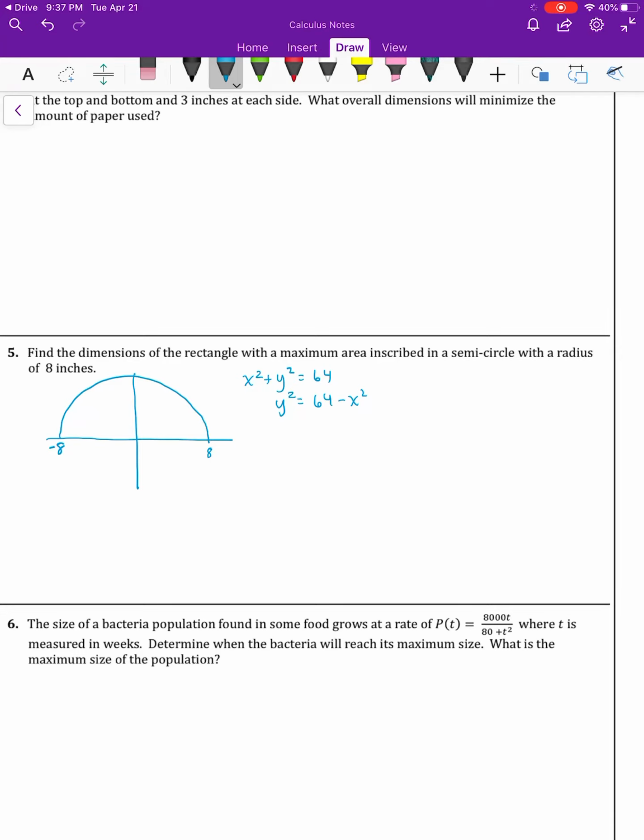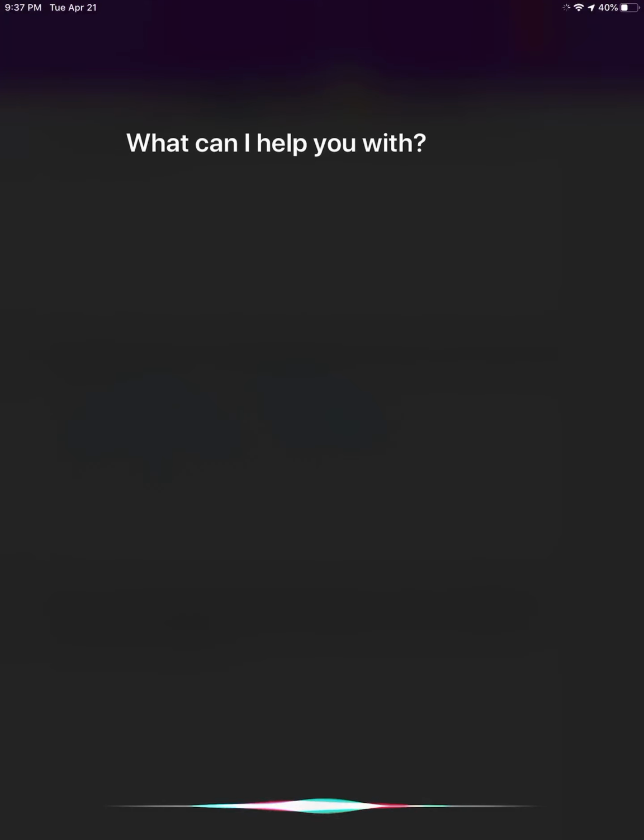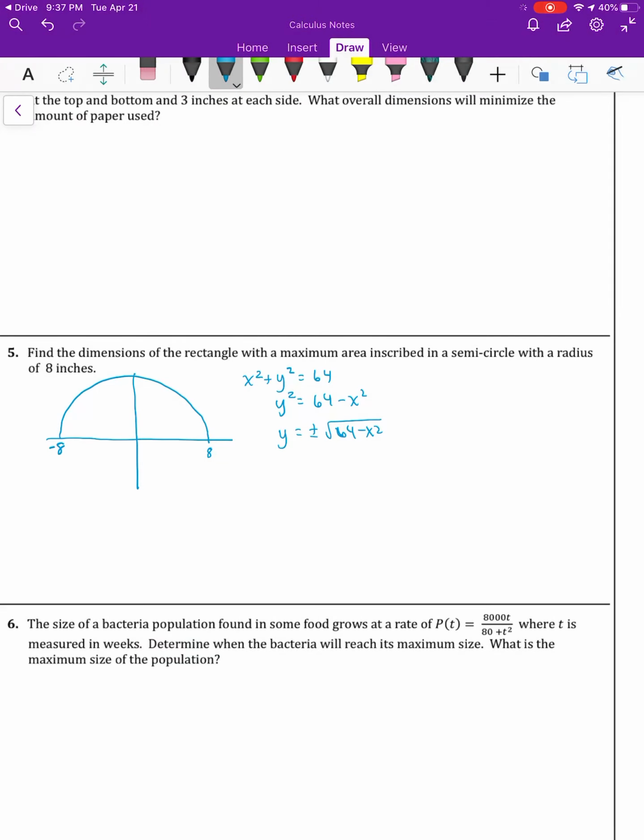Remember that if you have a circle with a radius of 8, this is going to be x squared plus y squared equals 64. And then remember how you can't put that in your calculator. If you wanted to solve for y to put the whole circle in your calculator, you had to subtract x squared from both sides and take the square root of both sides, and you had plus or minus the square root of 64 minus x squared.